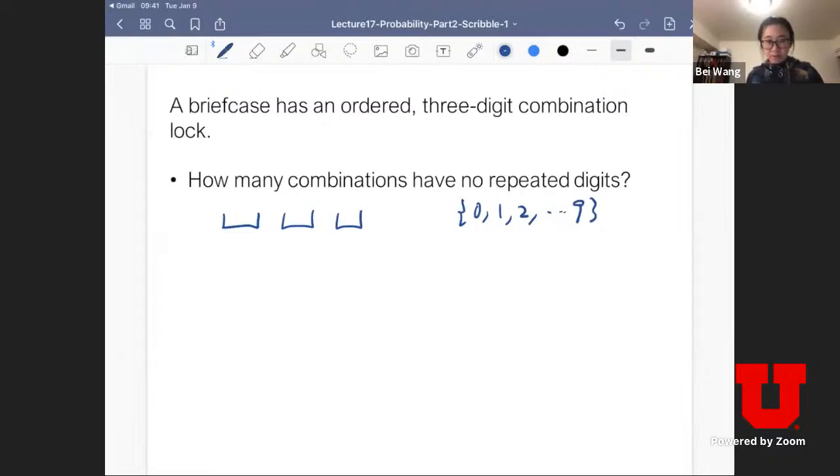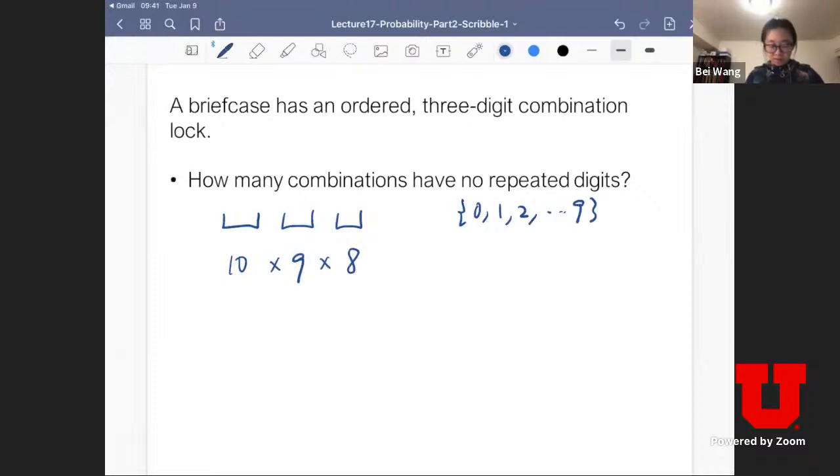That means for the first location, I have 10 choices. Since I don't want repetition, after I choose one of those numbers, the second location has only 9 choices. And of course, the third location only has 8 choices because you don't want any repetition. So in total, you have 10 times 9 times 8 combinations.